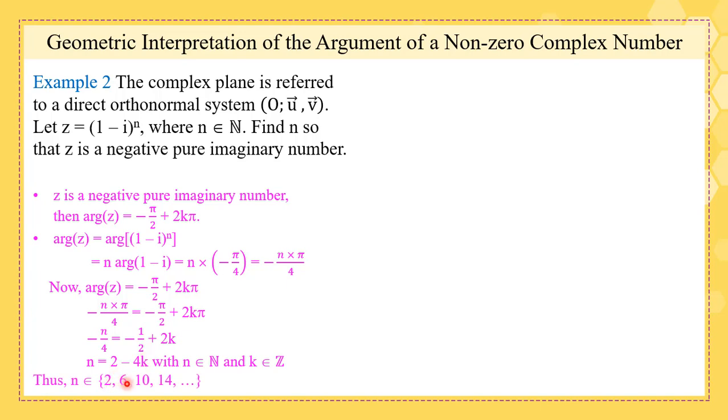So n is 2, 6, 10, 14, and so on. In fact, we stop when we see that the pattern is very clear. So if you substitute n with 2, 6, 10, 14, you're going to see that this number becomes a negative pure imaginary number.